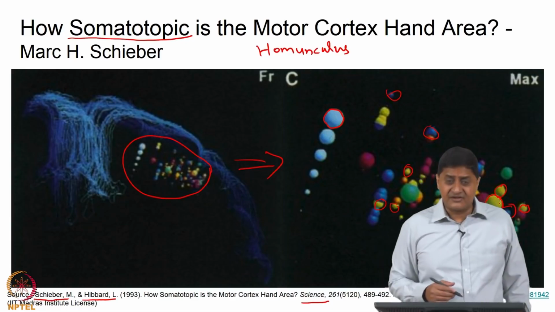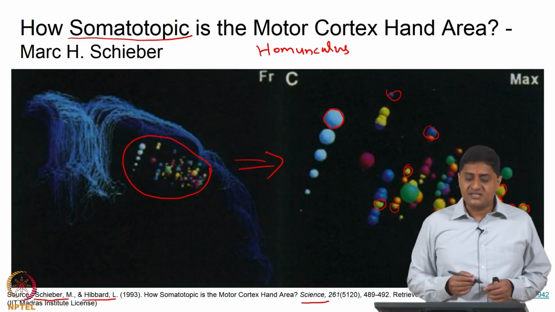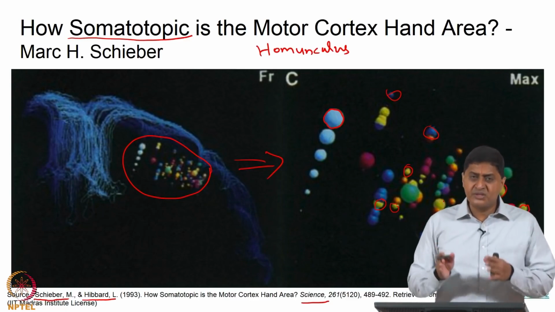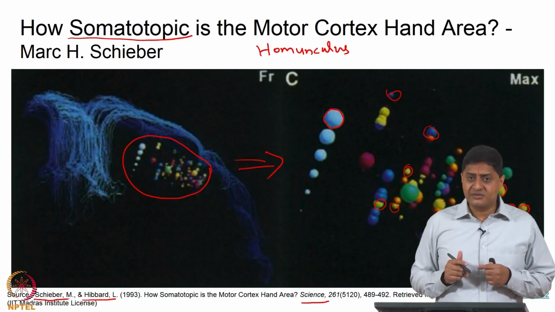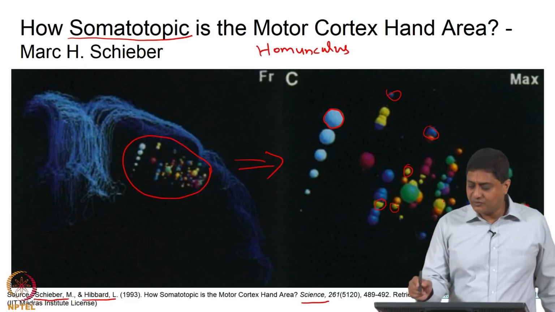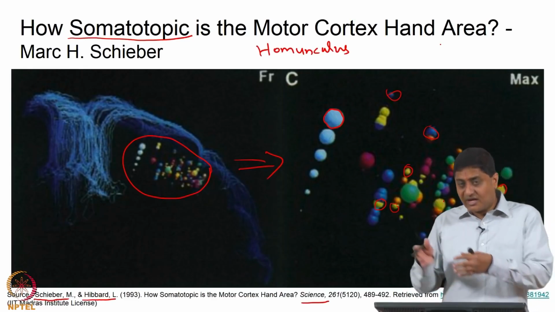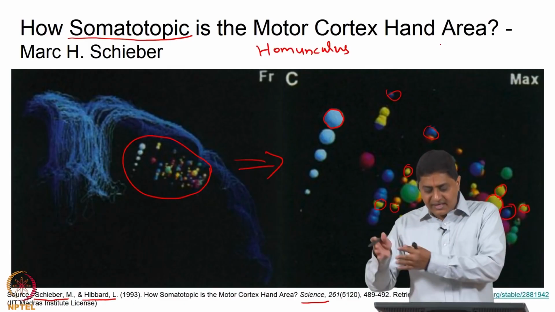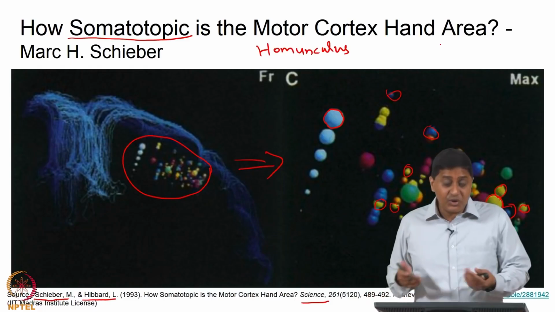You could do this analysis for any given color, and then you realize that actually it is not that between each individual finger there is a strict boundary. If there was such a thing, what you would have is a nice alignment of all the yellows, and a nice alignment of all the blues, and a nice alignment of all the greens, and a nice alignment of all the purples. That is not what you are seeing.